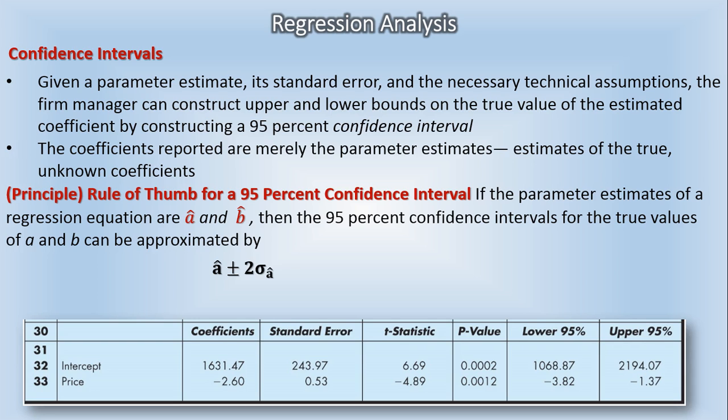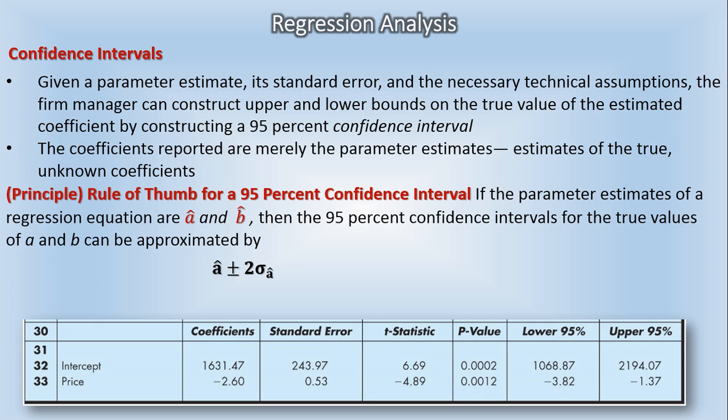So by taking our intercept and adding twice our standard error, we get the upper bound on our confidence interval, meaning that we are 95% sure that the actual value of our intercept is going to be, in this case, 2194.07 at most. And if we subtract 2 times our standard error from our coefficient, then we are 95% sure that the actual value of our intercept will be at least 1068.87.